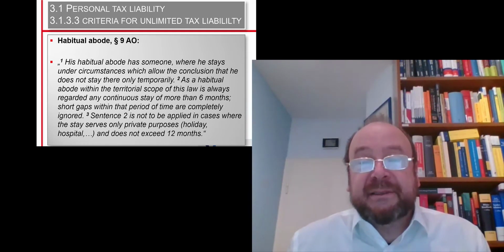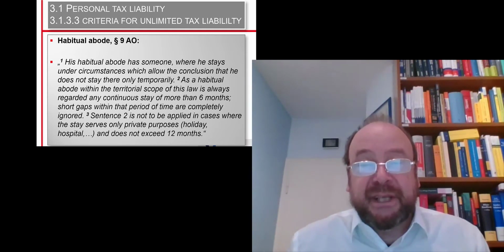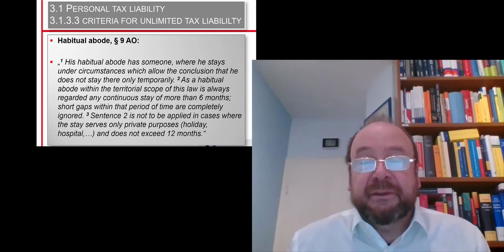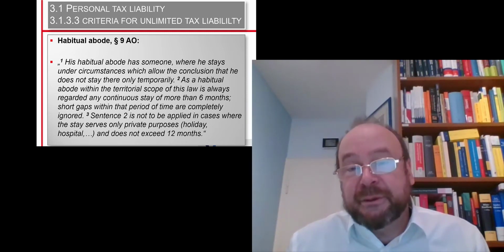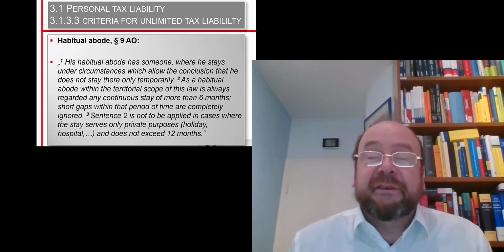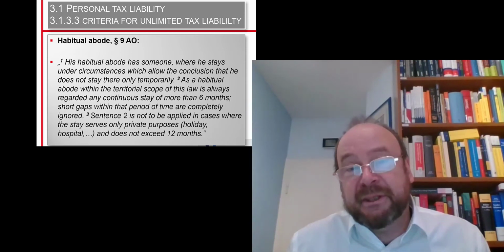The law does not speak about your intentions, so that's not relevant. There is a clear condition. Did you stay for more than 12 months for entirely private reasons in Germany? And the answer is yes. And nobody asks for the motives. So you have a habitual abode. So you are subjected to unlimited tax liability.